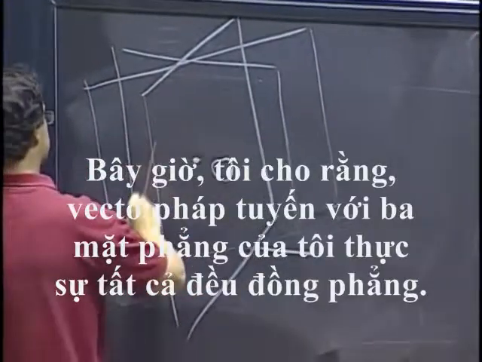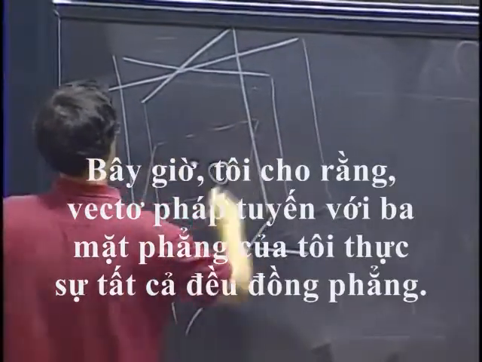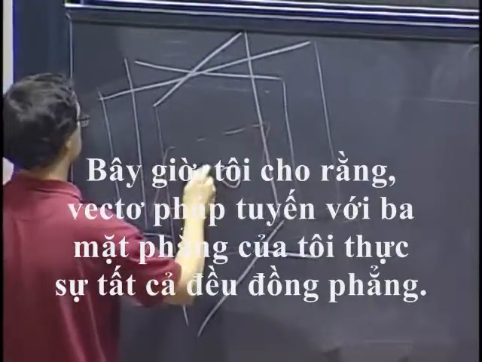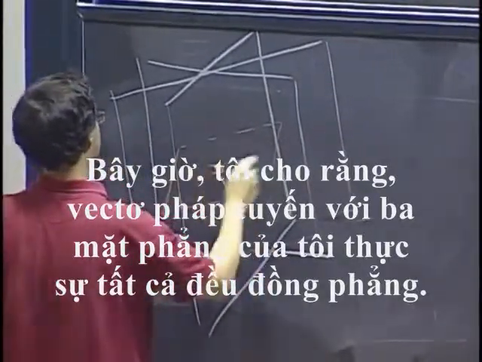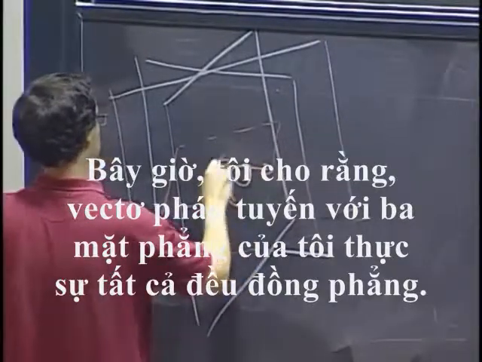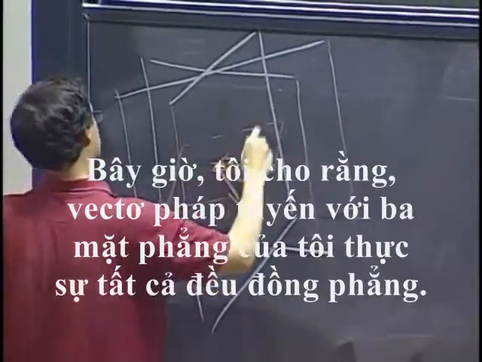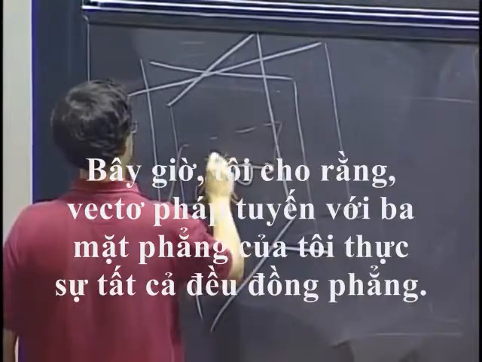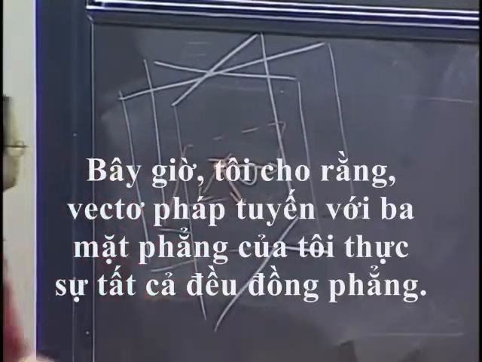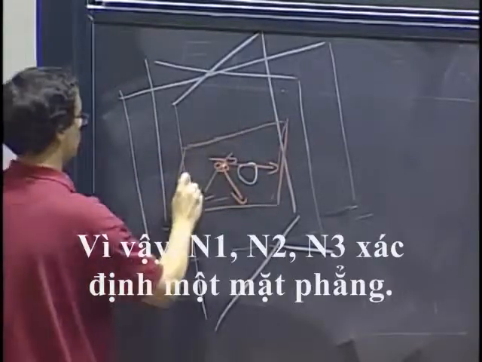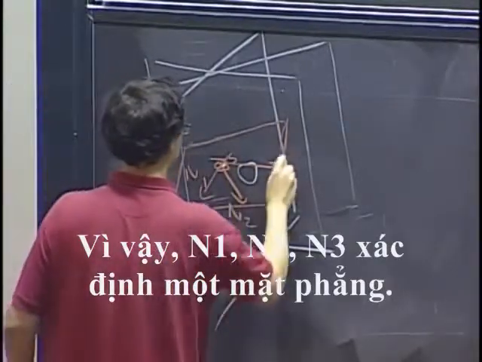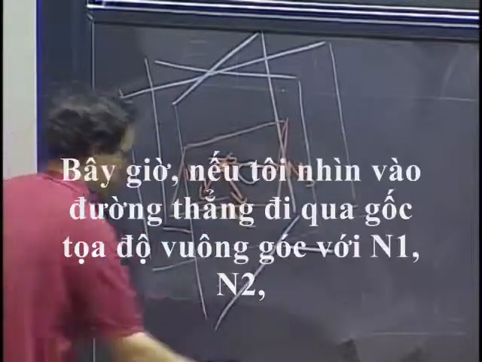Now, I said the normal vectors to my three planes, that's kind of hard to draw, are all coplanar. So n1, n2, n3 determine a plane.